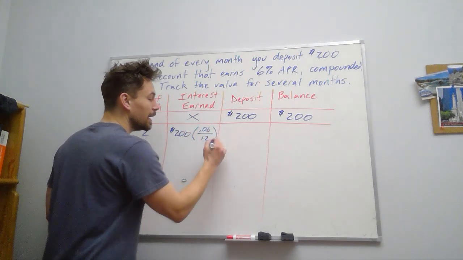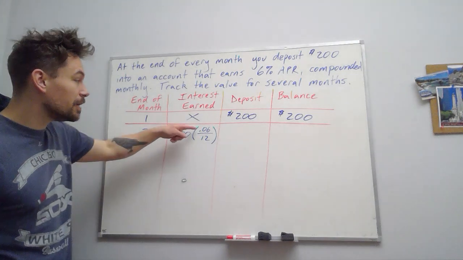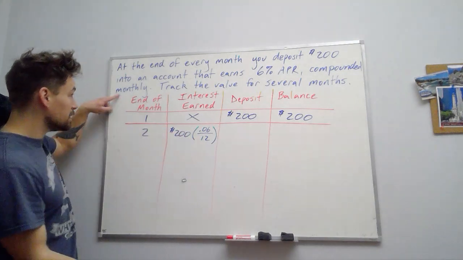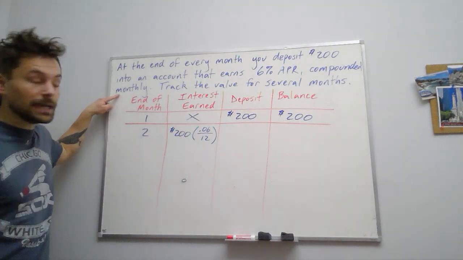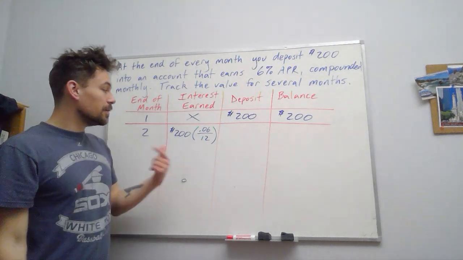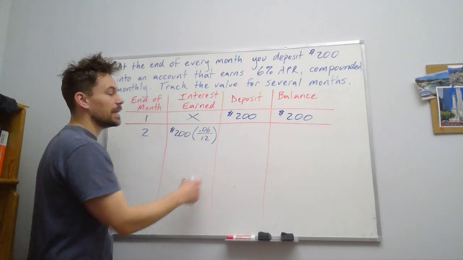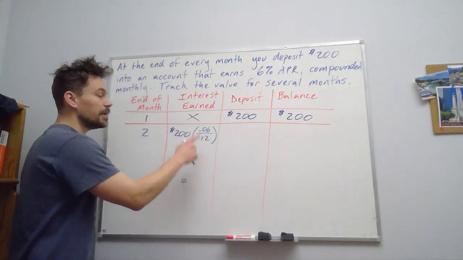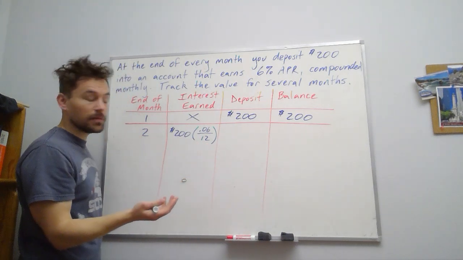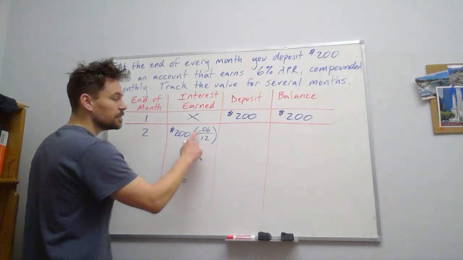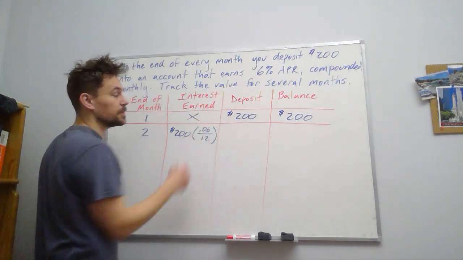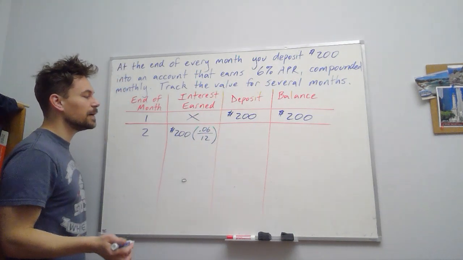We divide by 12, so we take our APR over 12. Again, it's 12 because we're compounding monthly. If this were daily or quarterly or something like that, we'd have to account for that here. But for 1 month, here's our period interest rate, our monthly interest rate. So we just do 0.06 for 6% divided by 12, so n is 12.